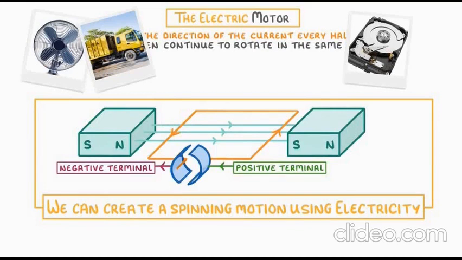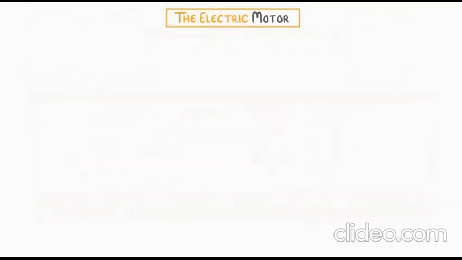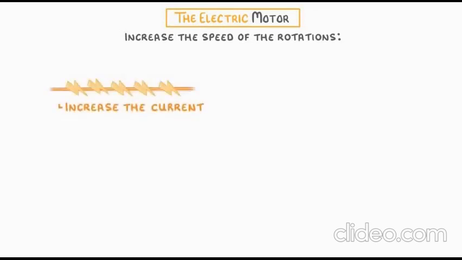So that means that in this electric motor, we need to take control over the speed of this spinning motion. So now we will learn the factors by which we can increase the speed of this rotation or even decrease it, just as we learned the factors for the motor effect of a current-carrying single wire, right? Since it is produced by current, the very obvious factor is the current.